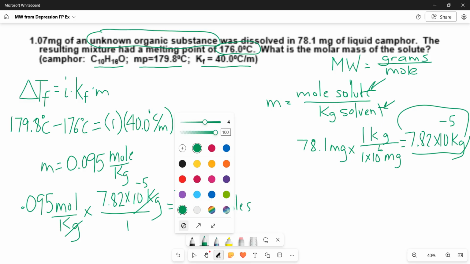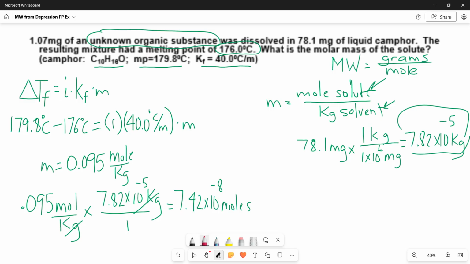So if I want to find the molar weight, okay, right here, I need to take the grams that I'm given, and I actually have 1.07 milligrams of the solute. If I quickly make that into grams, I have, for every 1 gram, there's 1 times 10 to the negative 3 milligrams.